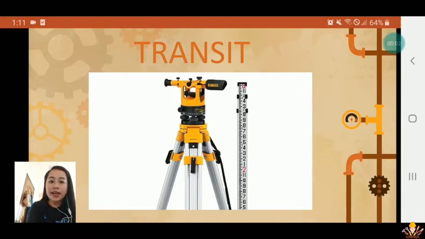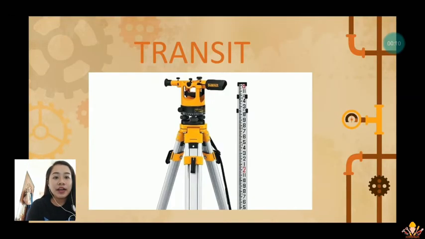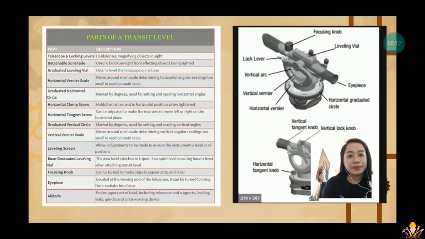So our last topic for this surveying is the transit. So we have here the parts of a transit. We have the telescope and the locking levers, which is used to hold lenses, magnifying objects in sight. We have the detachable sunshade, used to block sunlight from affecting objects being sighted.